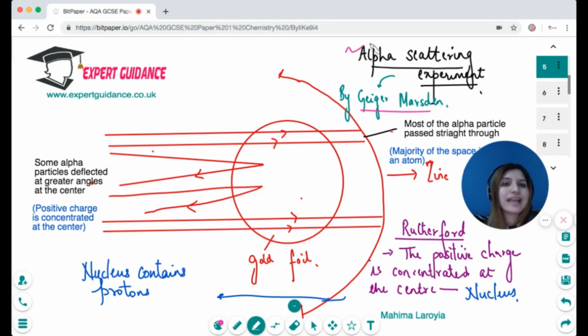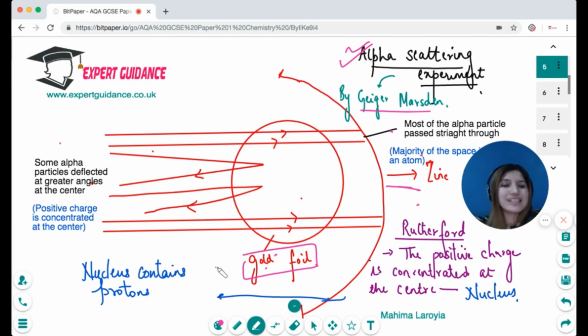who were doing the alpha scattering experiment. So what they did was, they took a gold foil, and on that gold foil, they bombarded alpha particles. Now, what they predicted was that if the plum pudding model is correct, then the majority of the alpha particles should pass undeflected through this gold foil and hit the zinc sulfide screen.